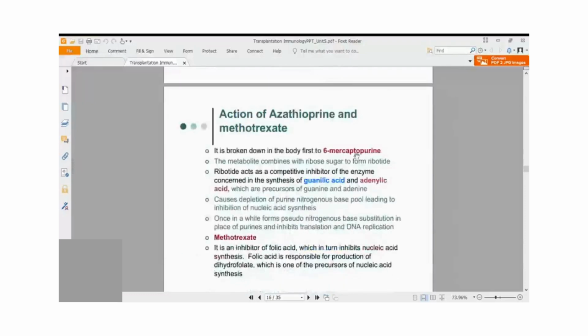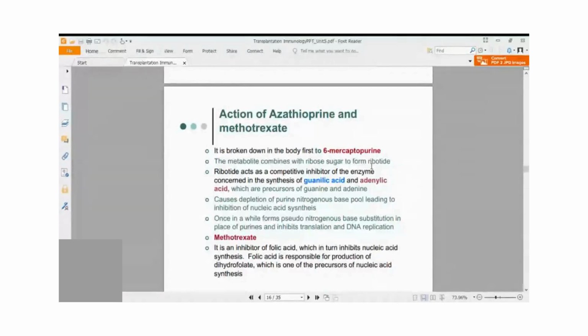And when it binds to the ribose sugar, it is called ribotide. And that ribotide, when it is there in the cell cytoplasm with the pool of other purine nitrogenous bases of the nucleic acid, will form a competitive inhibitor of the enzymes, same as enzymes getting inhibited by a pseudo substrate.